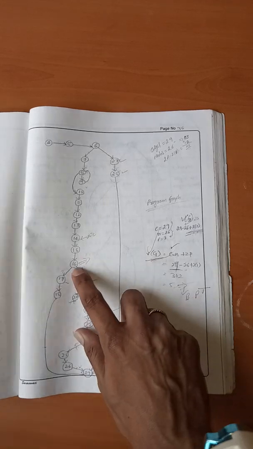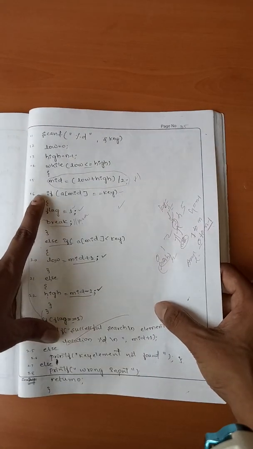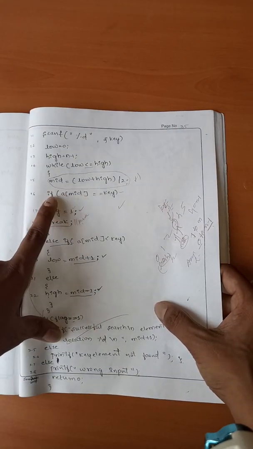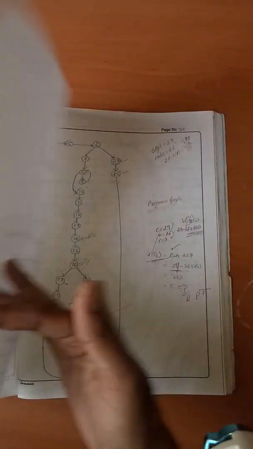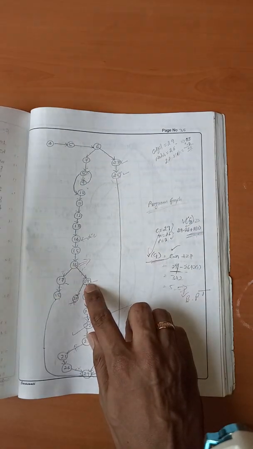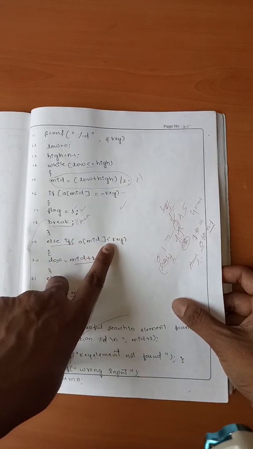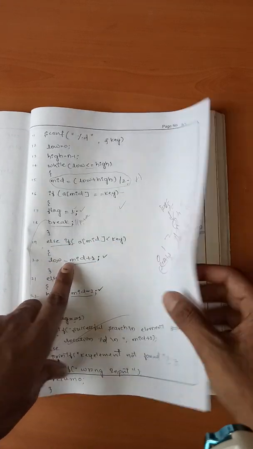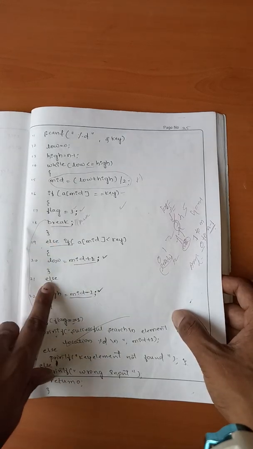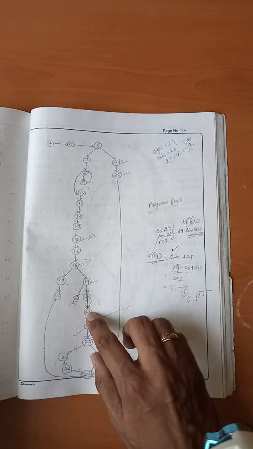Clear, right? Then if this condition is not satisfied, the control comes to the else if part, 16 to 19. What is 19? If this condition is true, it executes the 20th and comes to 28; otherwise 19 comes to the else part, 19 to 21.